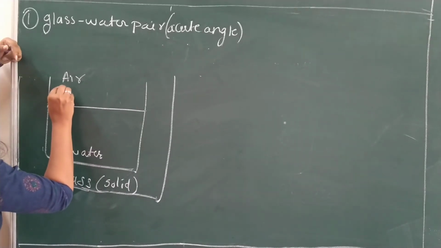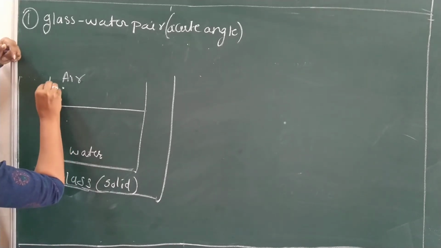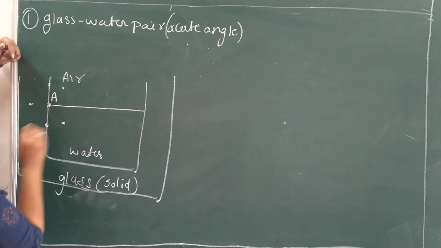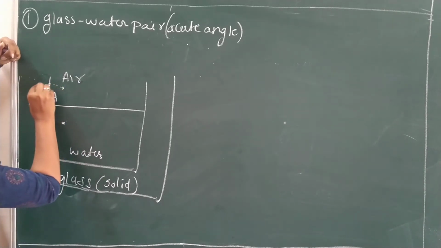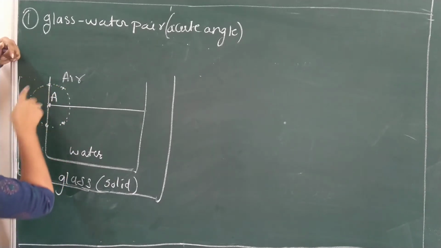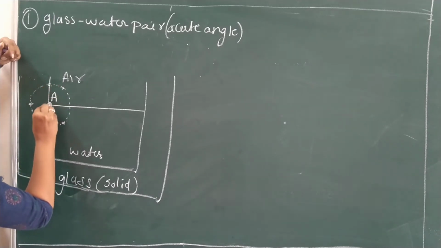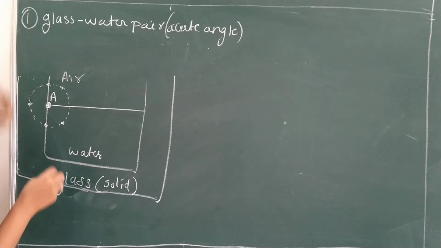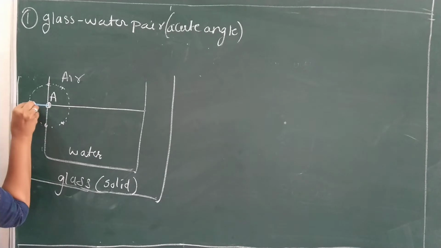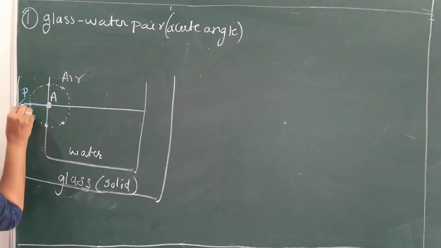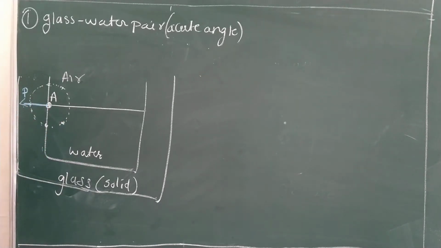Let's say this is a molecule of air, this is a molecule of glass, again a molecule of glass, water, and so on. If I draw an imaginary sphere surrounding molecule A, this is my imaginary sphere of influence. Now the net adhesive force acting on molecule A will be in this direction. This I will call P. So AP is the net adhesive force exerted by this glass on the water molecule.